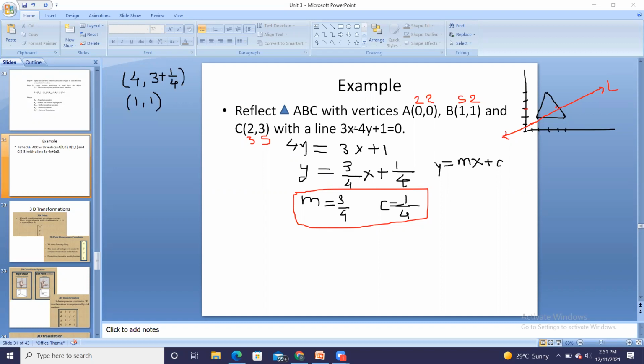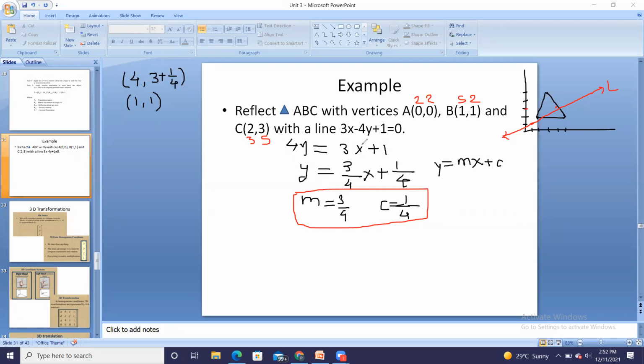Now in the same line expression, if I put some x value, I will get the corresponding y value. For example, in this expression I am putting x value equal to 1. So 3 into 1, 3 plus 1 is 4.